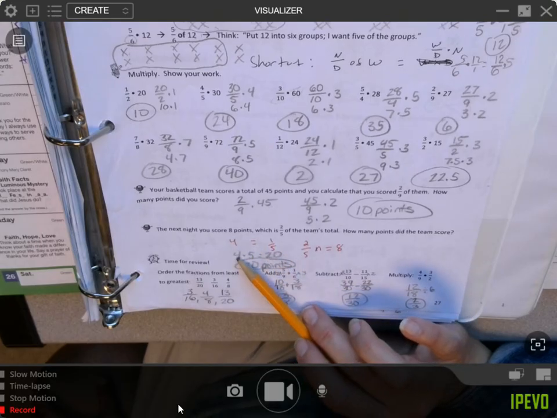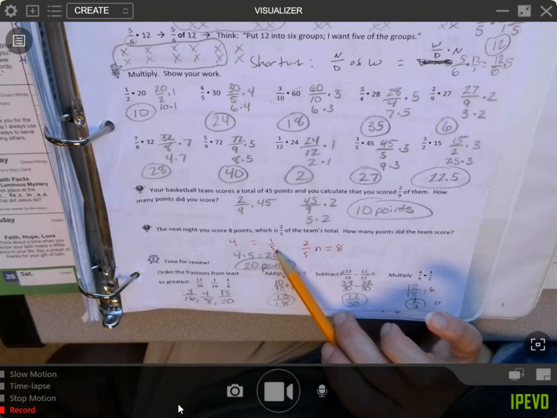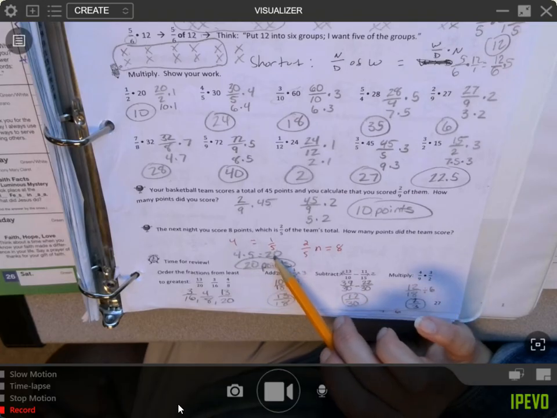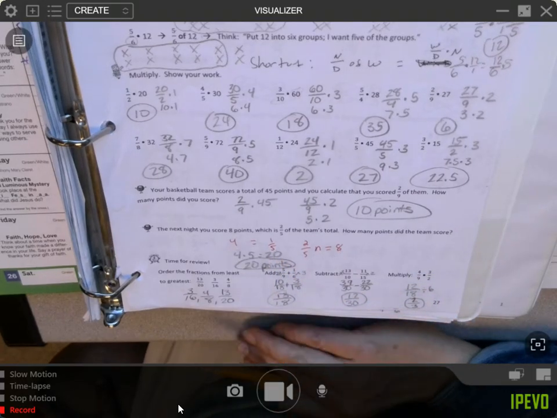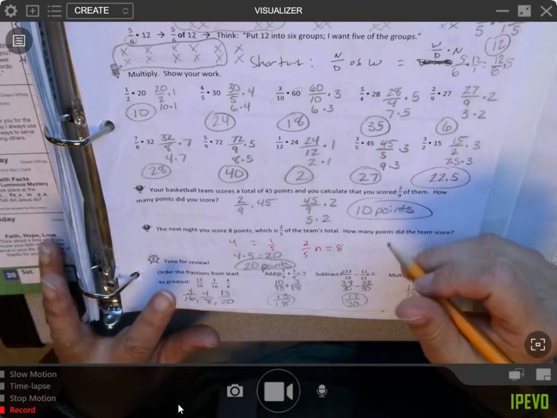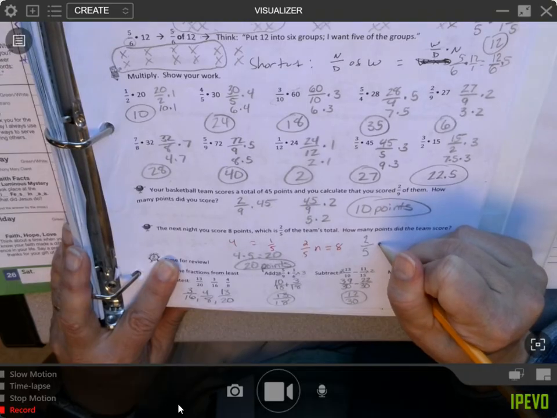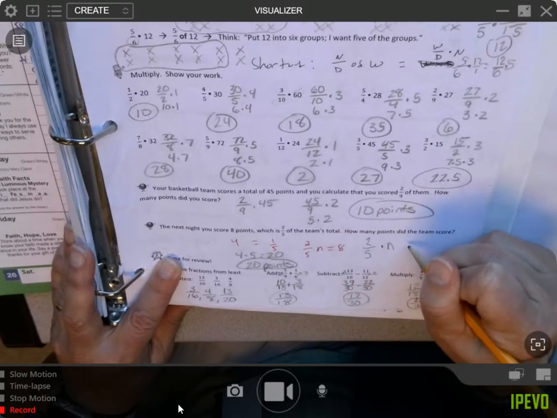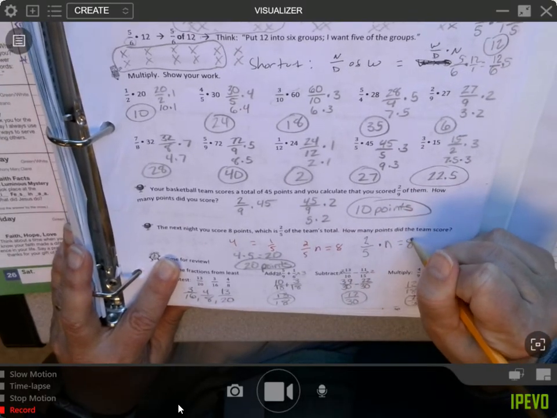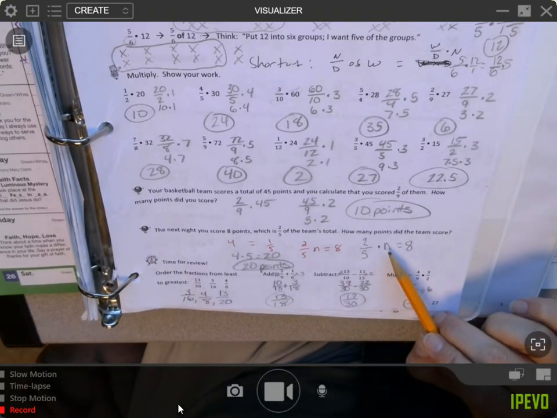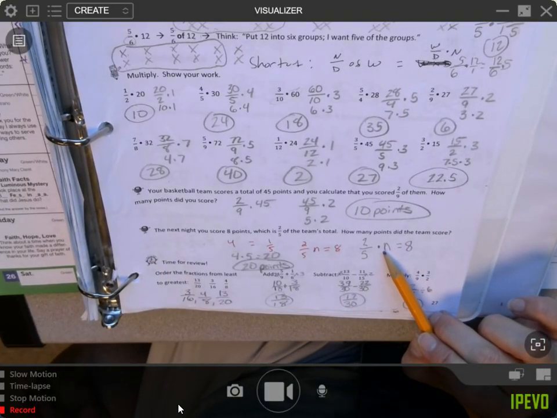So if we have 4 times 5, that gives us 20, which would give us those 20 points. So the big thing to know was that we had 2/5 times, we don't know how many, equals the 8. We want to solve for that whole number.